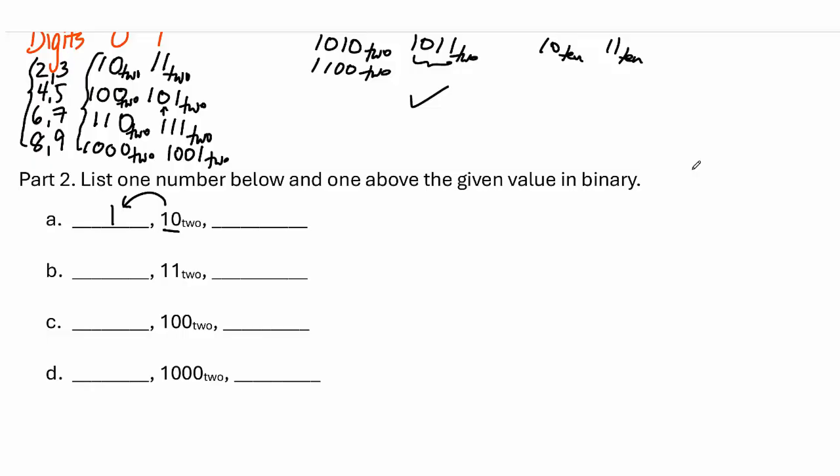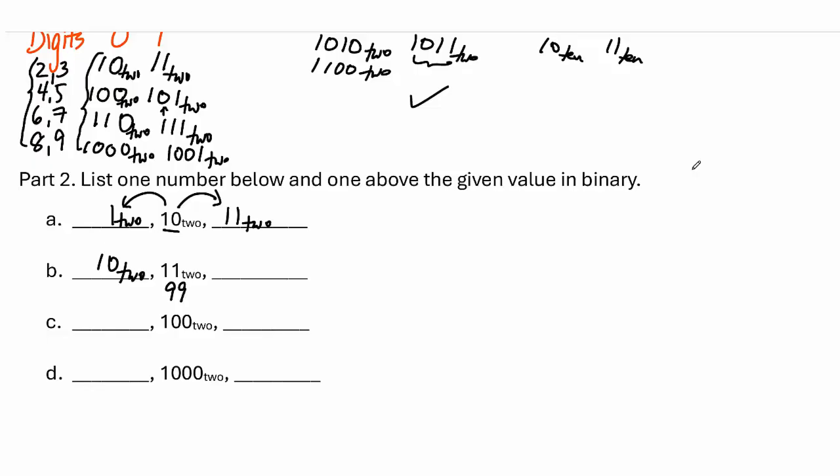Remember, we only have the digits 0 and 1 in base 2. After 10 is going to come 11 in base 2. That one's pretty much the same as in our number system.